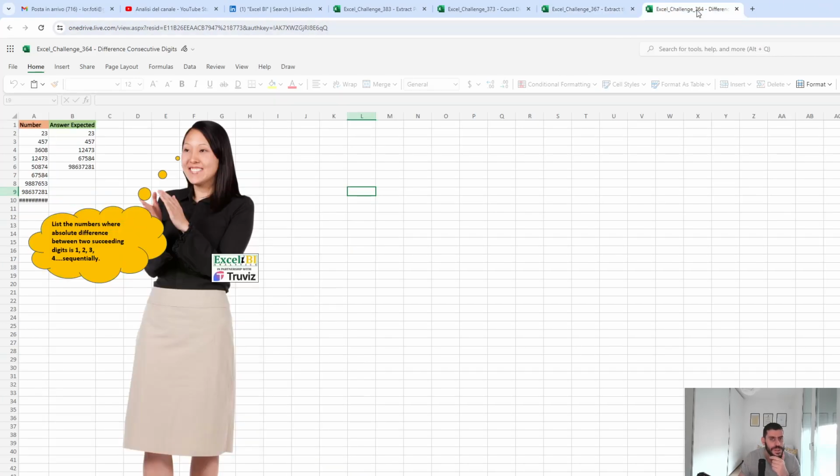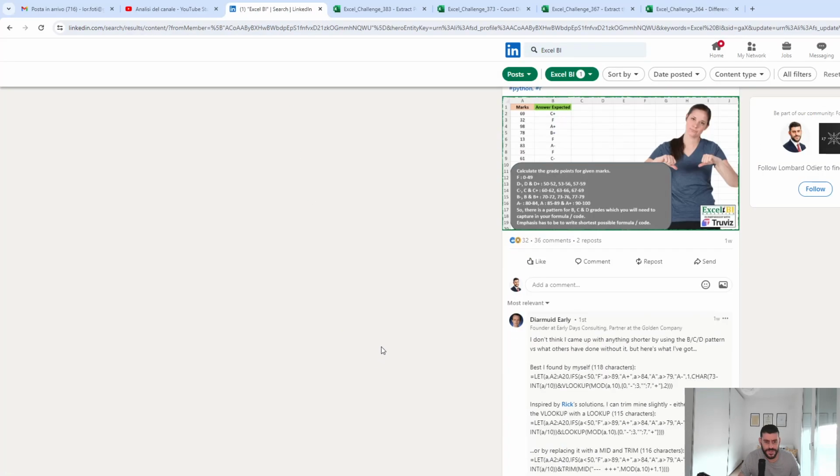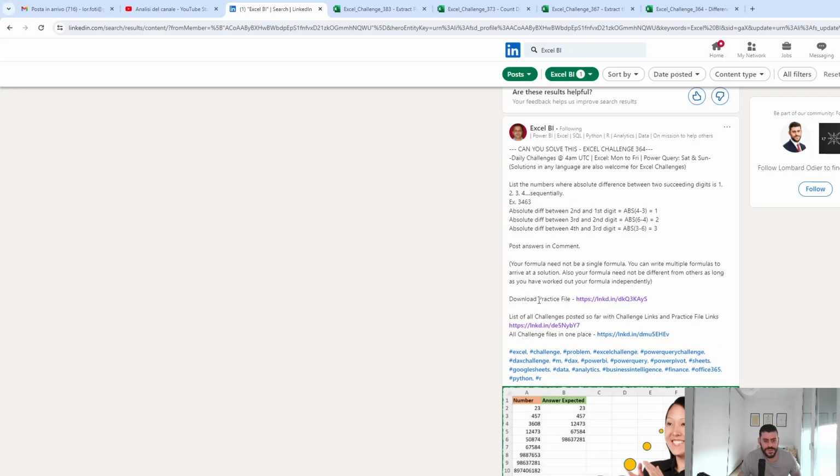Okay, last one for today. Okay, this was the previous one. List the numbers where absolute difference between two succeeding digits is 1, 2, 3, 4 sequentially. What? I need an example to understand better.